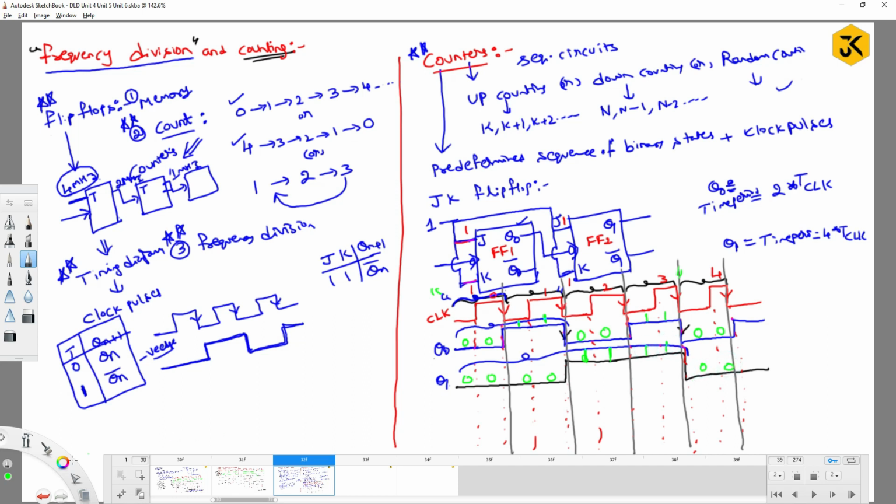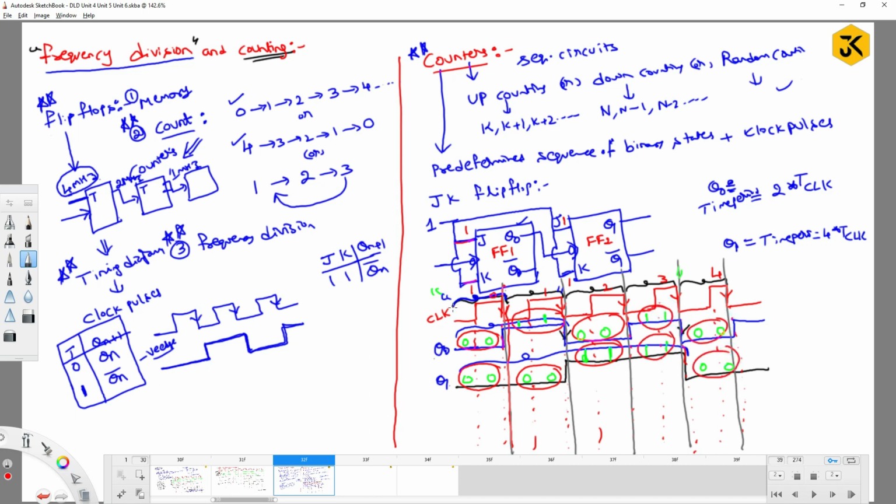If you take the values of this entire clock pulse, what is the value of Q0? The Q0 value is 0, and the Q1 value is 0. What about this one? This is 1 and this is 0. This is 0 and this is 1. This is 1, 1, 0, 0.